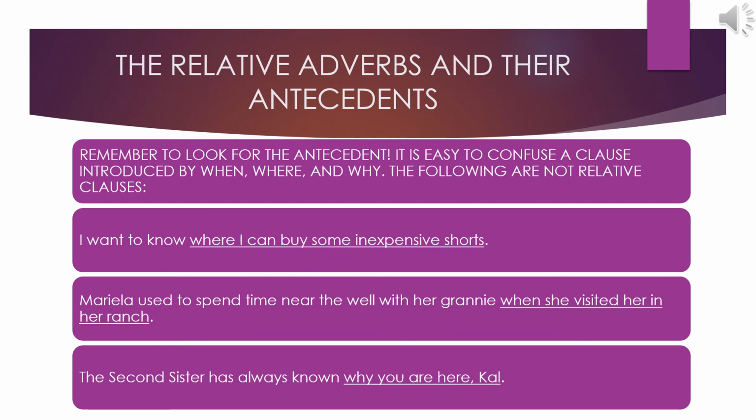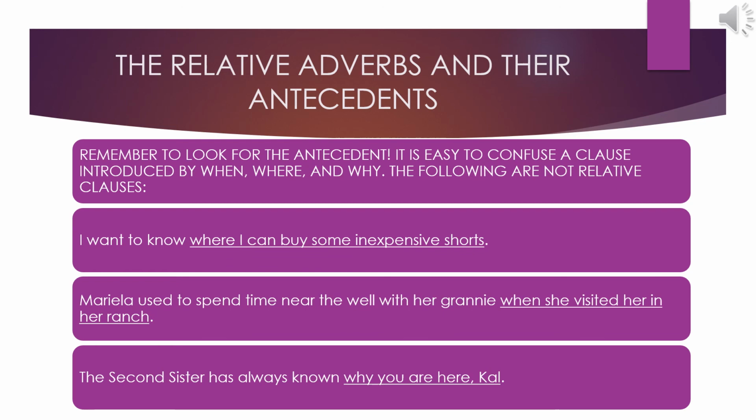Okay, I'm gonna show you some examples now. I want to know where I can buy some inexpensive shorts. Now, if we look at this clause, where I can buy some inexpensive shorts, if we are not careful, we are going to say, oh, that's a relative clause. But no, that's not a relative clause.